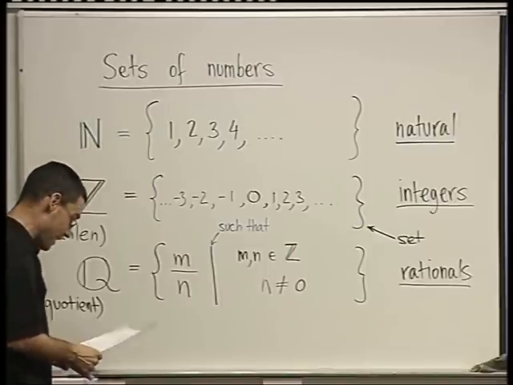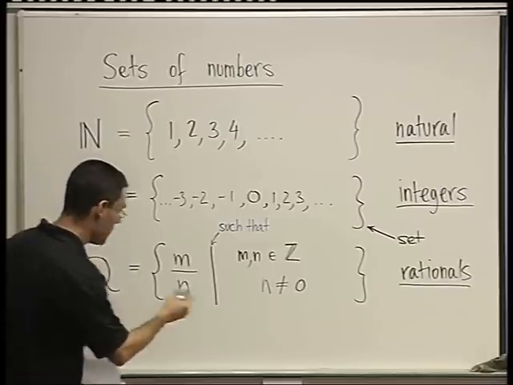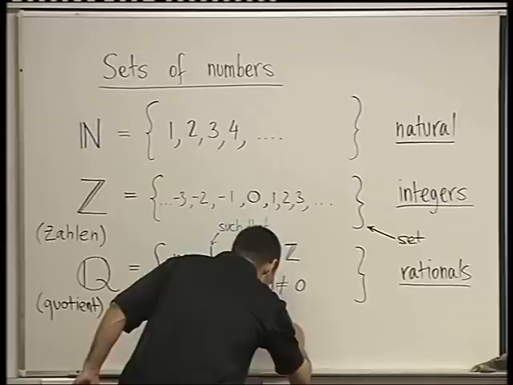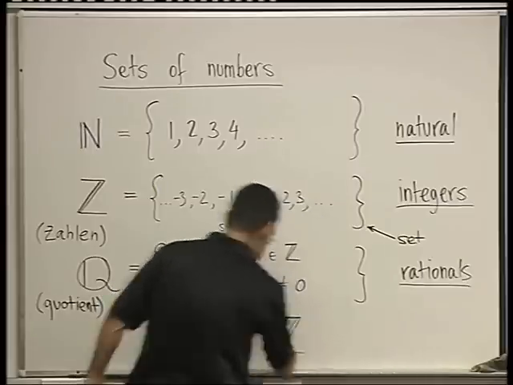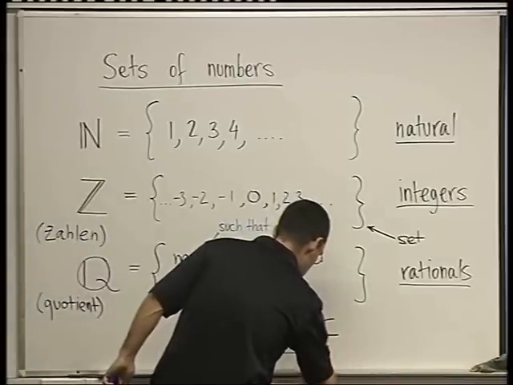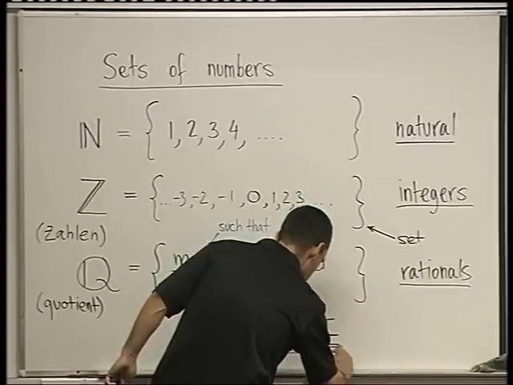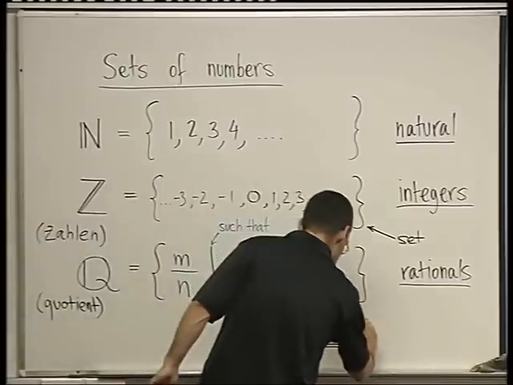So these are the rational numbers. Using some notation that we had before, let's pick up a bit more notation. The integers are included in, but not equal to, the rationals.